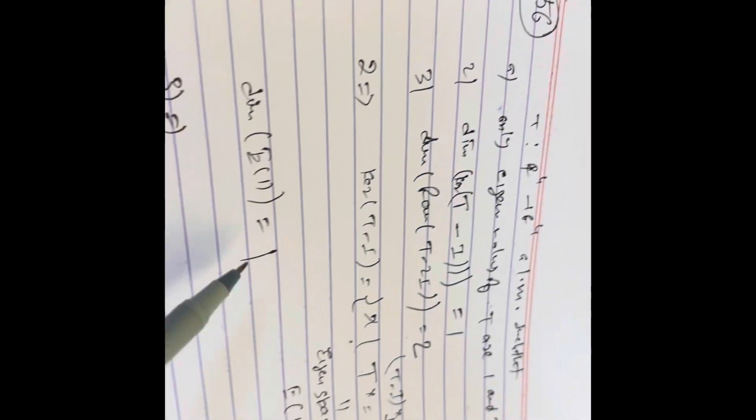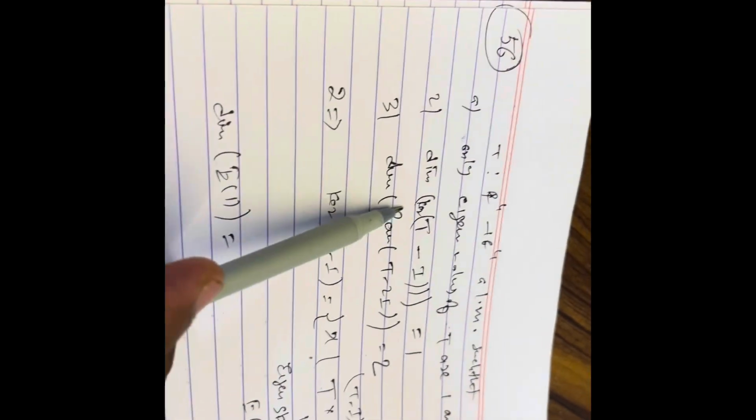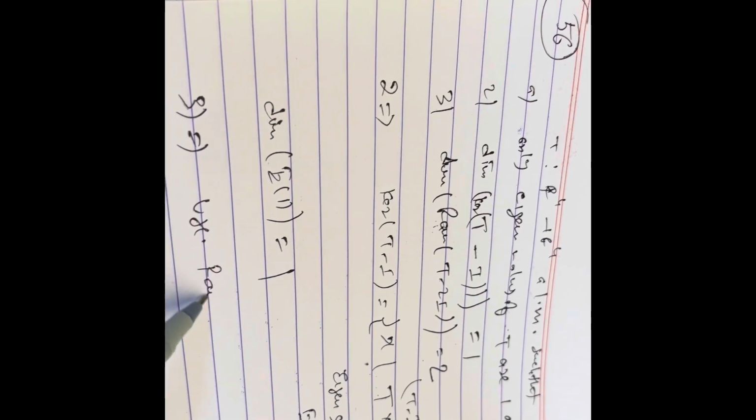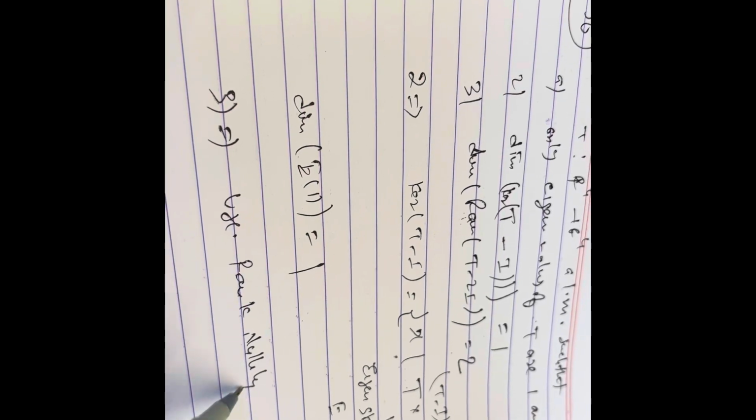And now condition 3 implies, so here remember we are not given the dimension of the kernel, but instead the range. So now use the rank nullity theorem. What does it say?